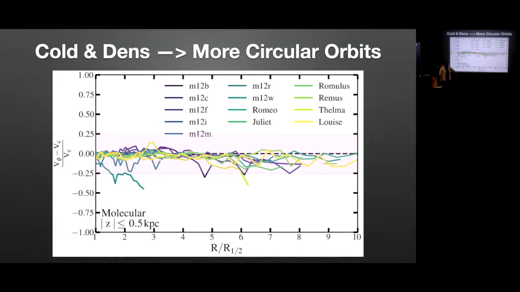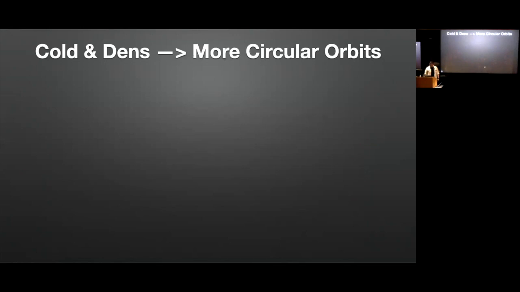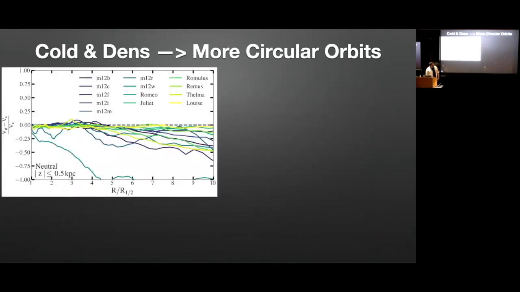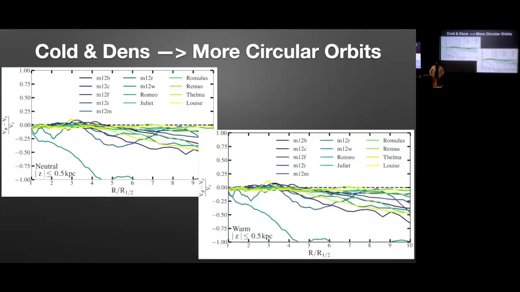This is, again, normalized to the half mass radius of the stars within 100 kpc. And so we've also got the neutral gas and the warm gas, which don't work as well as the cold gas and the molecular gas cuts that we've made.